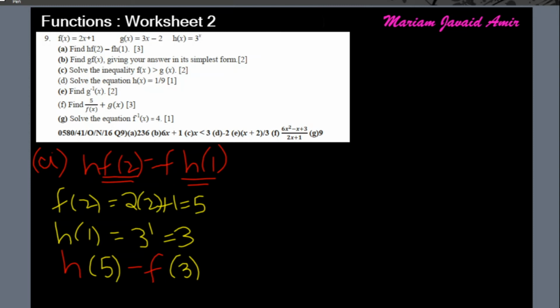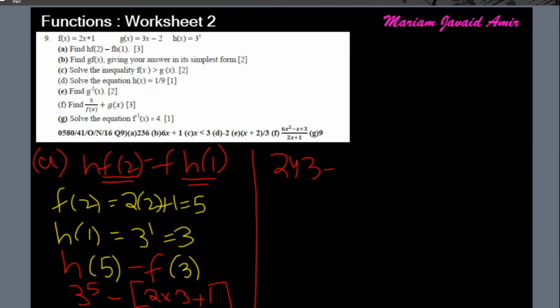So for h(5), in h(x) I'll change x to 5, minus for f(3), in f(x) I'll change x to 3. So I get 3 power 5 is 243 minus 7. So 243 minus 7 gives us 263.